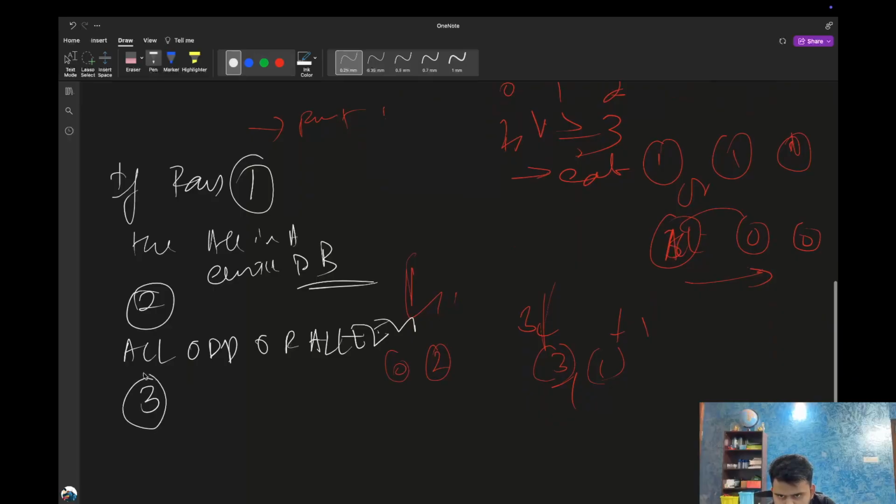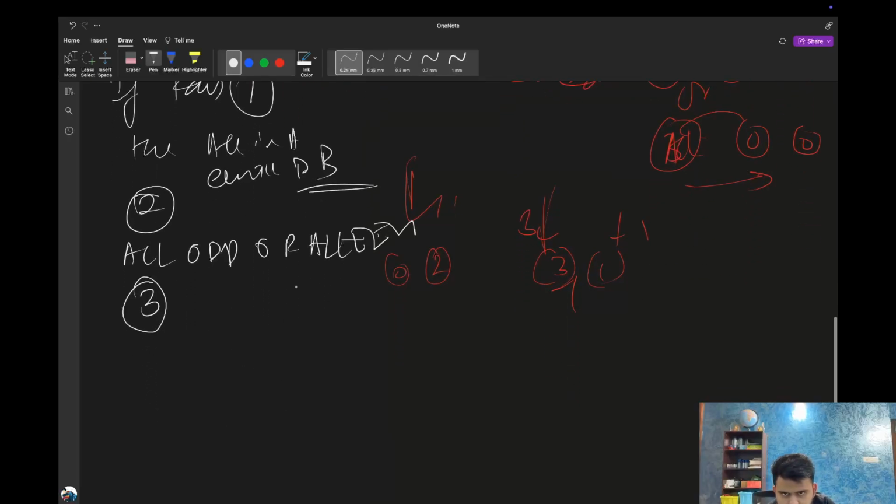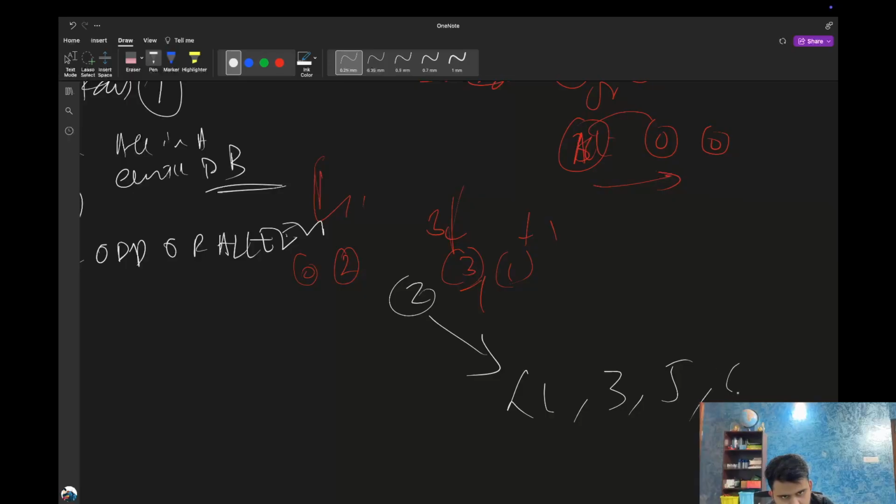If it passes 3, then let's take this case. So let's say 2 is what? Let's say it's at least 1 3 5 6 9.